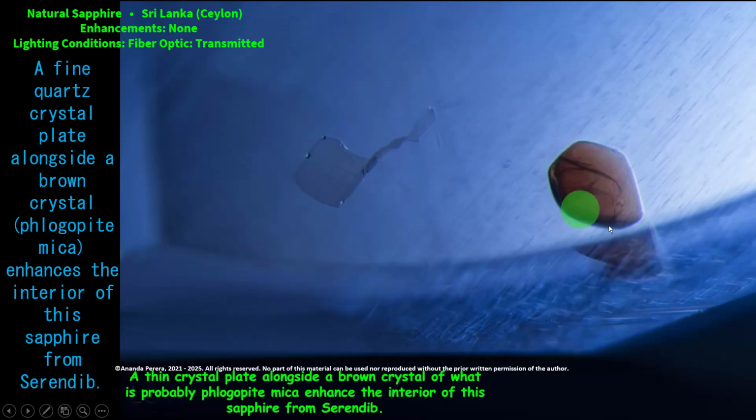So, phlogopite, a brown crystal, and near that, another quartz plate. This is phlogopite mica, this is quartz. So the environmental diagram shows us no evidence of heating. It's natural, nothing happened to the natural birthmarks. So it is a natural stone from Sri Lanka. We are moving to the next.